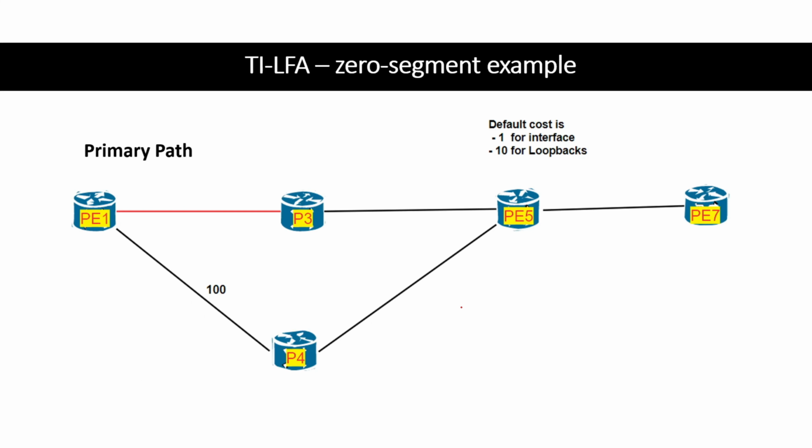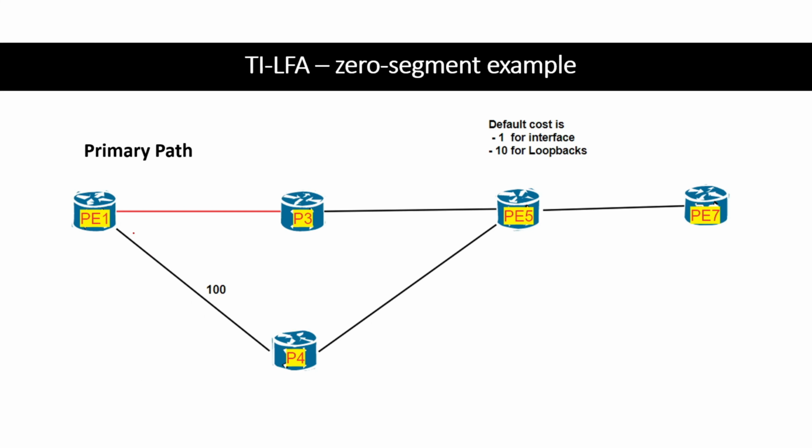So for Ti-LFA, as we discussed earlier, we can have multiple segments over the backup path. It could be 0, it could be 1 or 2, but it is very rarely more than 2. So let's discuss all these scenarios one by one.